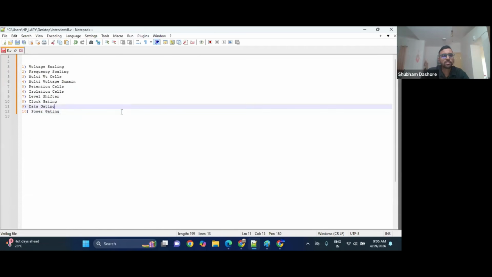So these are the different low power techniques that we use.